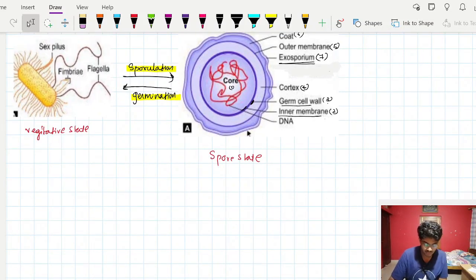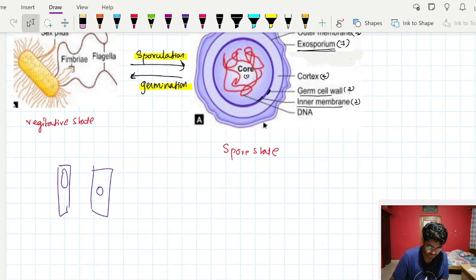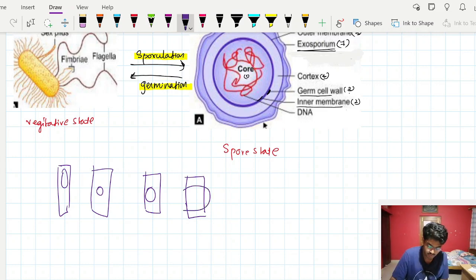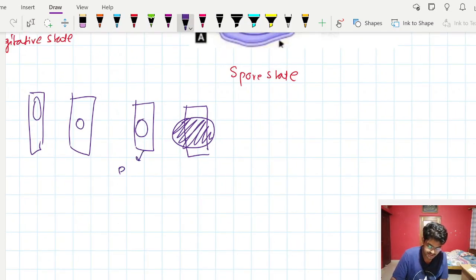Then the spores can be of various shapes. If we take a bacillus, the spores can be oval or round, various shapes, and their position can also be different. It can be central, terminal or subterminal. They can also be bulging or non-bulging. This is a non-bulging spore and this is a bulging spore. An example of a non-bulging spore is Bacillus.